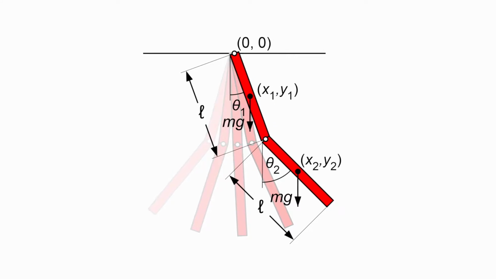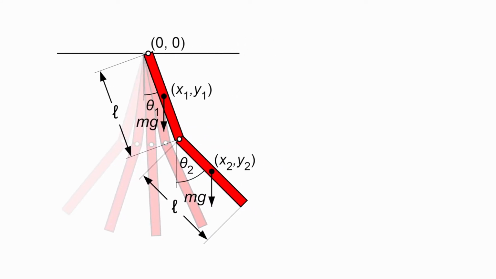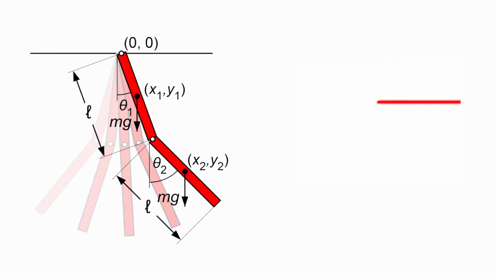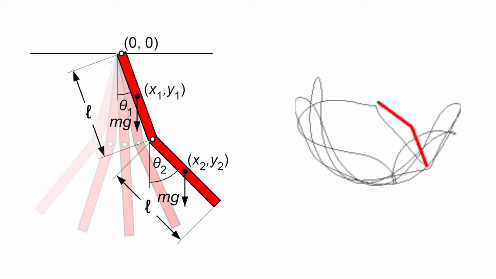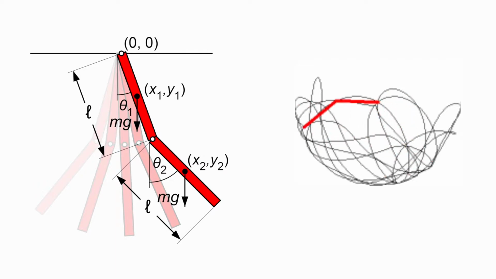pendulums are equal, M. Now when we set the double pendulum into motion, you'll see that it does begin to behave chaotically. You can never predict what those gray lines are going to be doing.